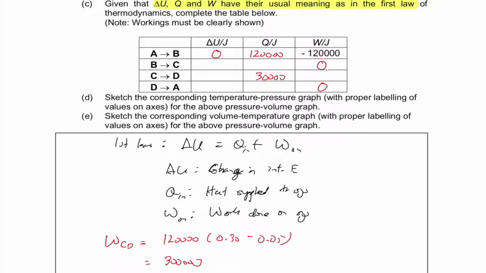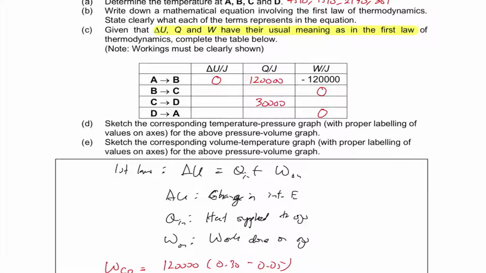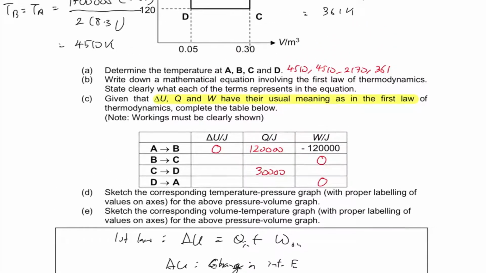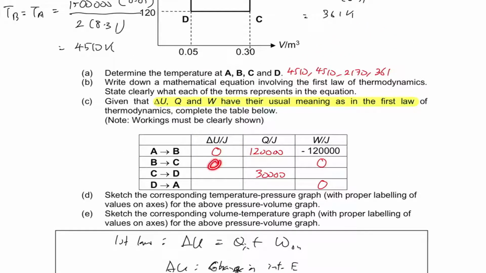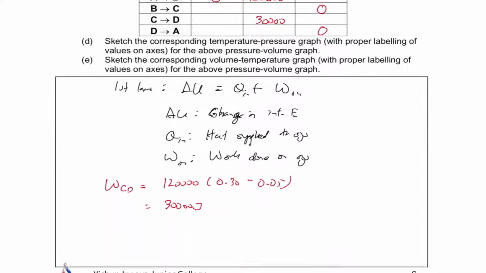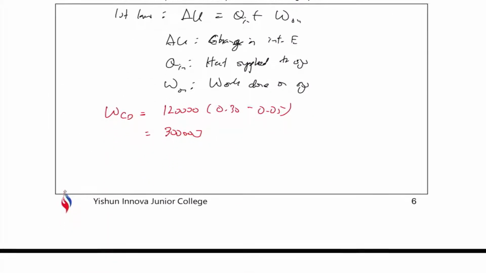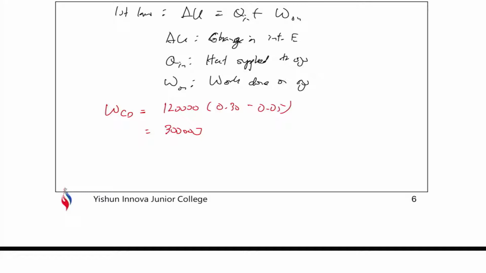Next, the next few is a bit more complex. Let's do BC now. If you want to find delta U over here, we can use this formula. Let me write it here in black. For BC, we know that U is equal to 3 over 2 nRT, because this is an ideal gas.